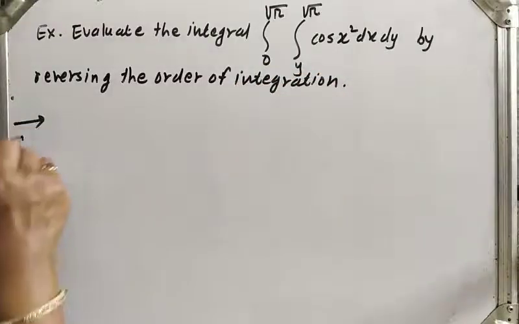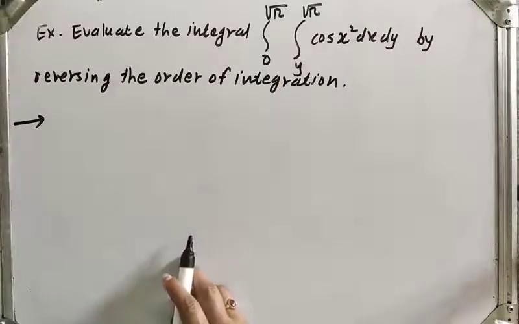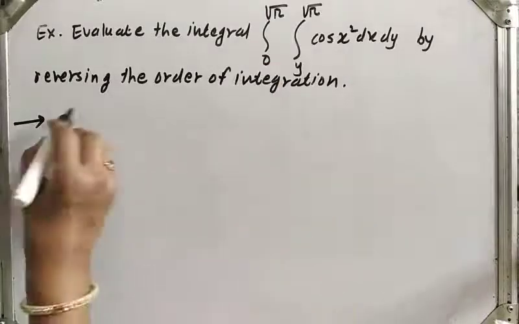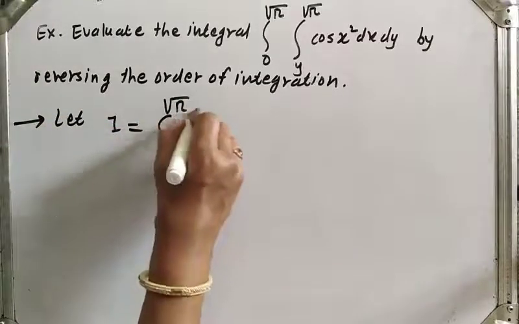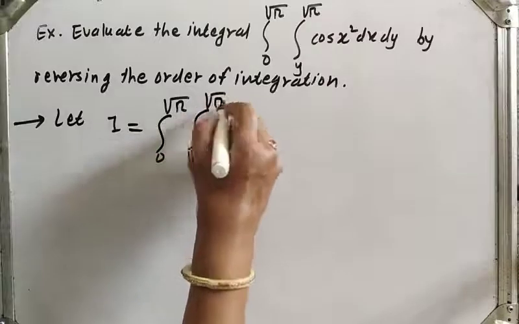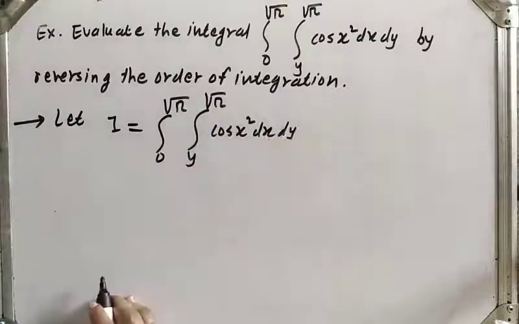Okay, so we have to evaluate it by reversing the order of integration. First we have to reverse. So let I is equal to integral 0 to root pi, y to root pi, cos of x square dx dy.